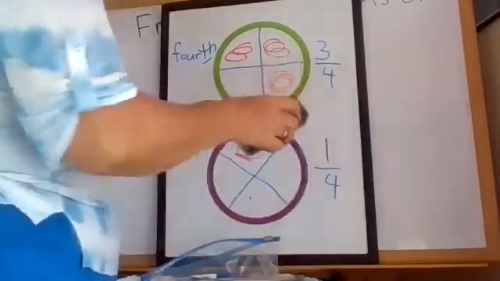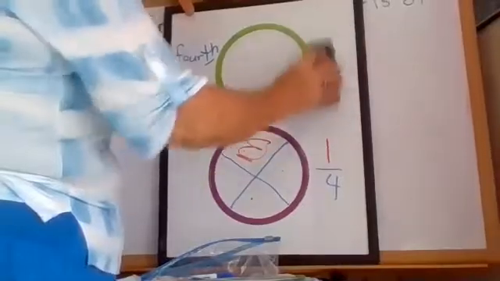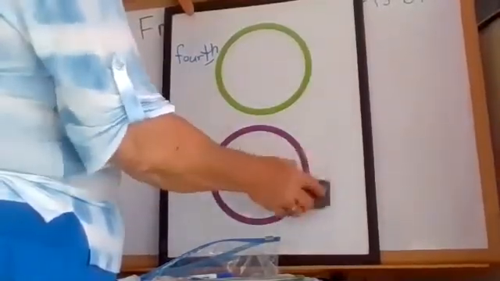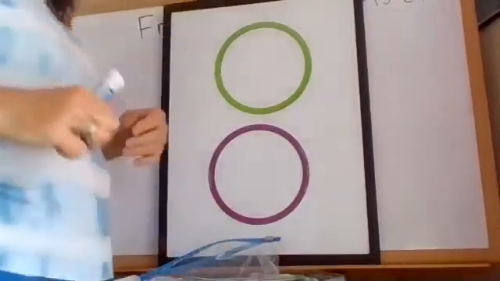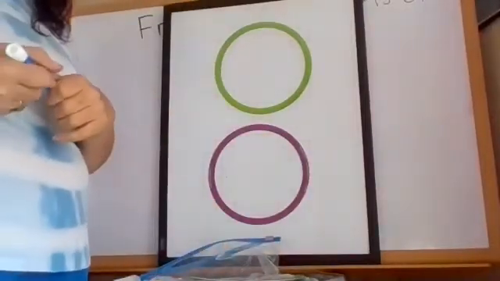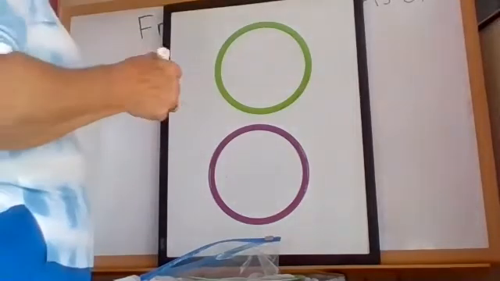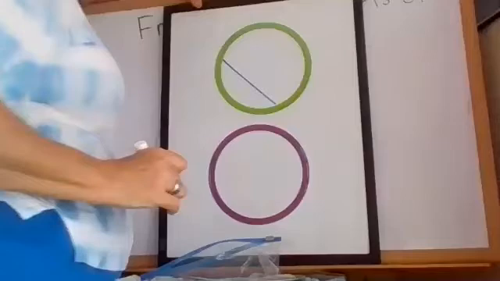Okay, let's go ahead and erase this off of here. Now remember, we said that a fraction must be equal pieces. So I'm going to try to trick you here. And I'm going to draw some pictures, and I want you to tell me if they are fractions, equal pieces, or not equal pieces. Okay? What do you think?